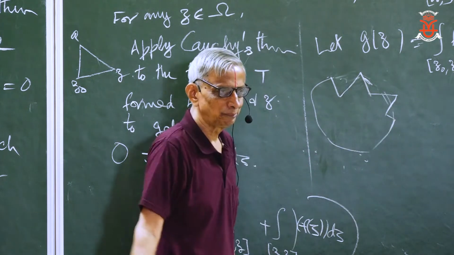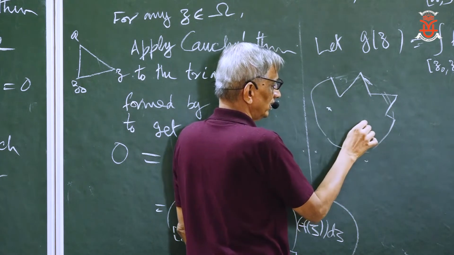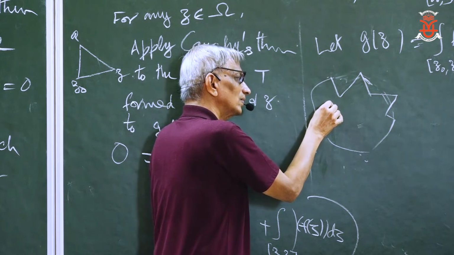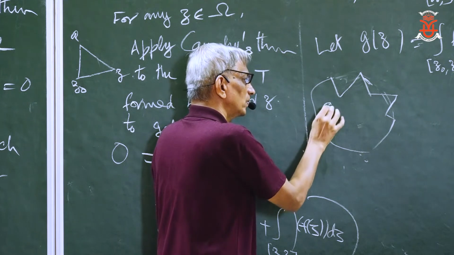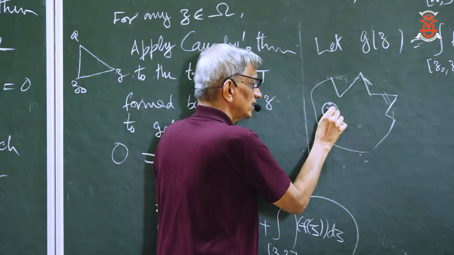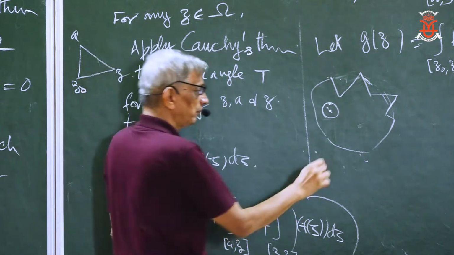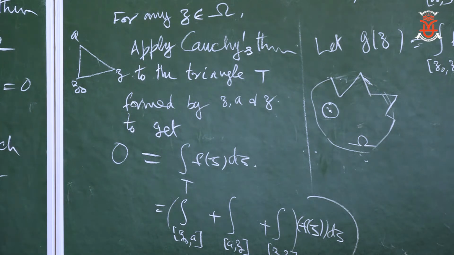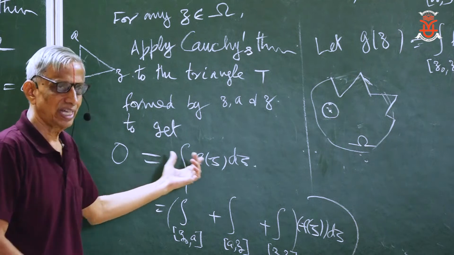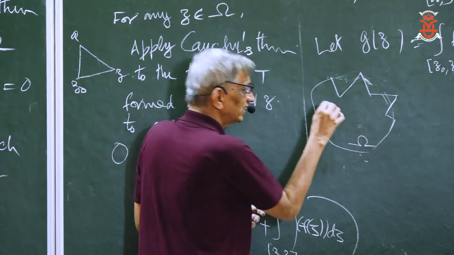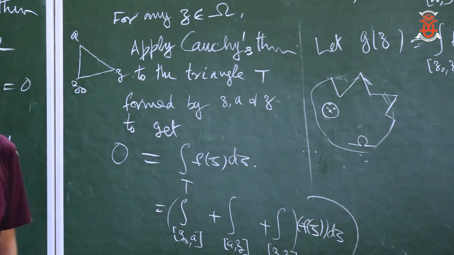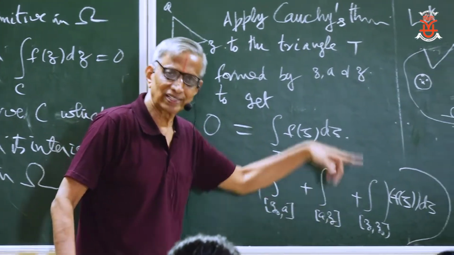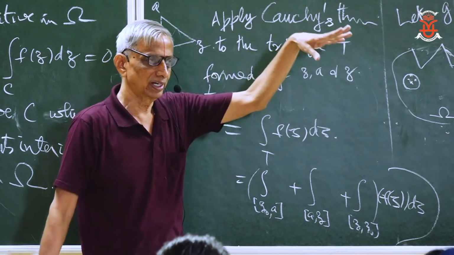This is your domain. So A is some point there, and some neighborhood of A is going to be inside your domain omega. You are interested only in points Z which are close to A, in a neighborhood of A. So we are going to take only Z here. Okay. So in which case, there is no problem with this. It is going to be inside that disk, and therefore inside your omega.